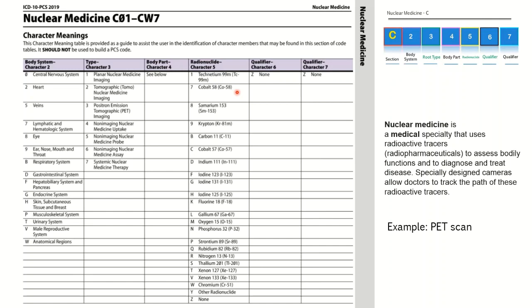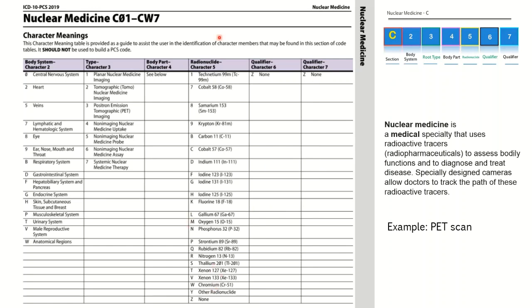If you're using cobalt 58, samarium 153, krypton, carbon, cobalt, indium, iodine 123, 131, 125, fluorine 18, gallium 67, oxygen, phosphorus, strontium, rubidium, nitrogen, thallium, xenon 127, 133, chromium, other radionuclide, and none. And then your sixth and seventh characters shall be none.